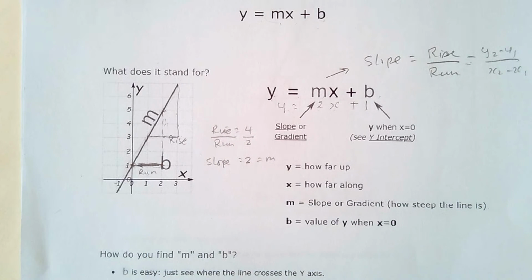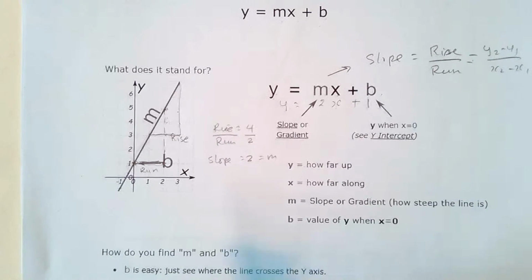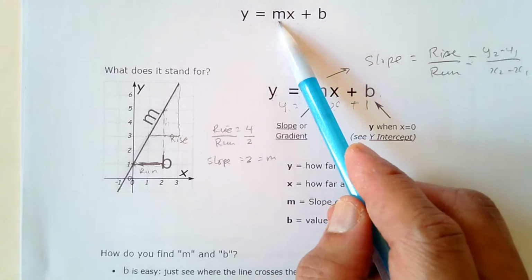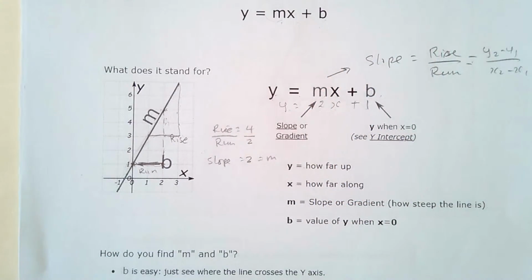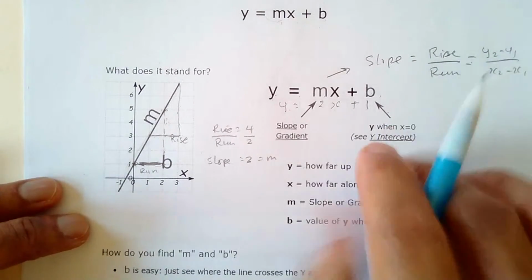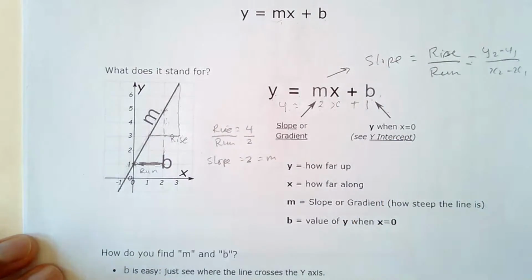The slope of a straight line is constant no matter what two points you pick to derive it. So, m is your slope, and your y-intercept is the b.